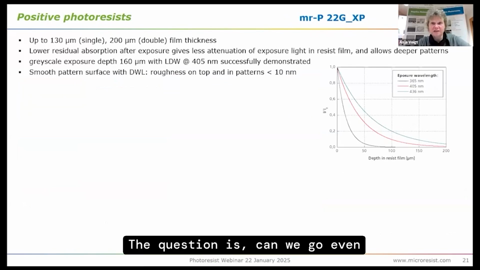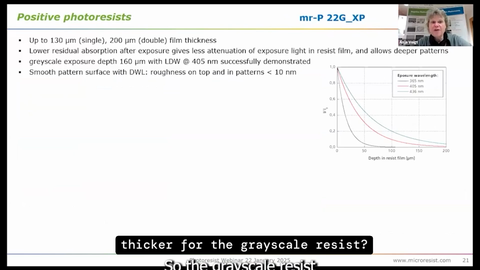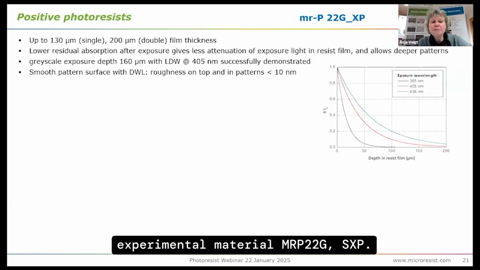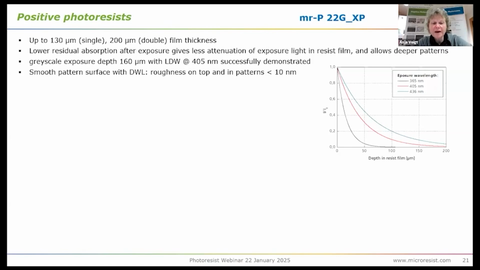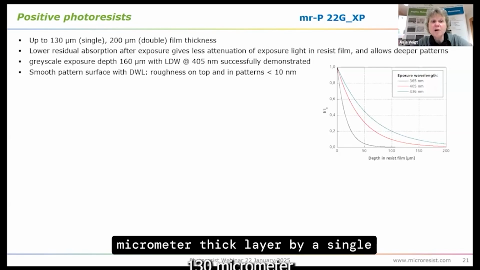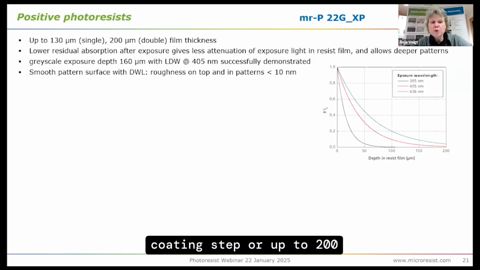The question is, can we go even thicker for the grayscale resist? And we can clearly say yes. We have developed a new experimental material, MRP22G XP. By using that, you can obtain a 130 micrometer thick layer by a single coating step, or up to 200 micrometer thick by a double coating step.